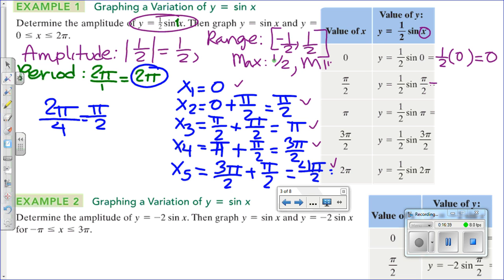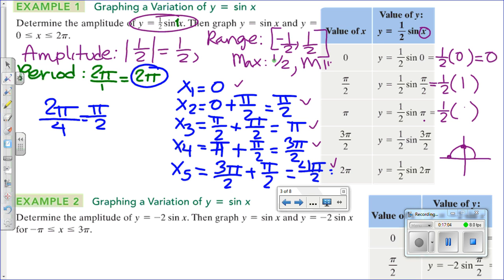And then we have 1/2 times, what is the sine of pi over 2? 1. Remember, I want you to, with your brain, locate pi over 2 in your head. All right, next, 1/2 times, what is the sine of pi? What is the y value here?